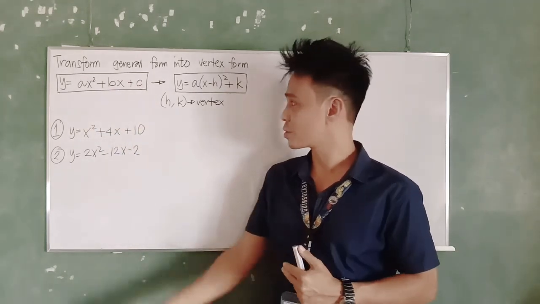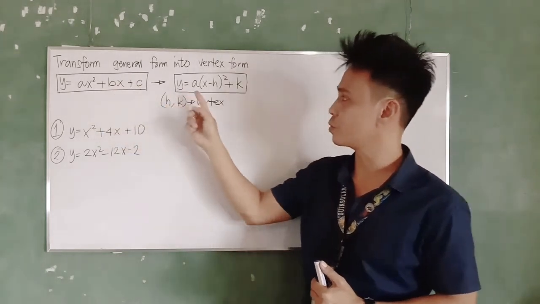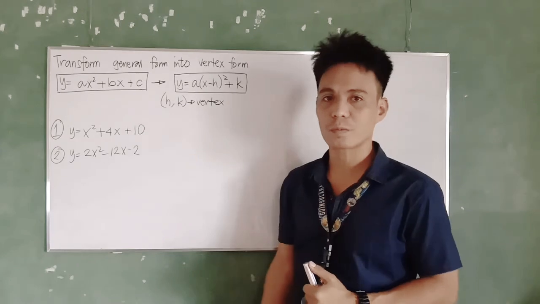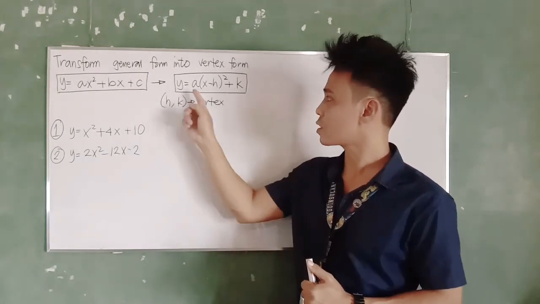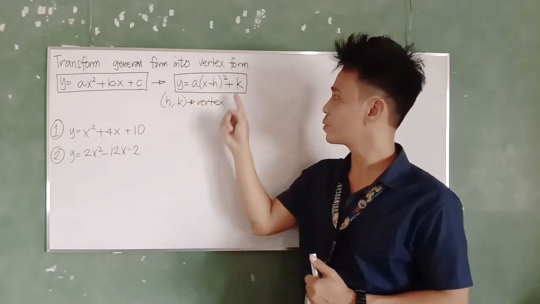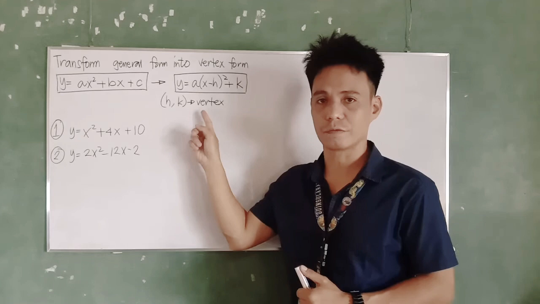Gagawin natin ngayon guys is to transform from general form of a quadratic function into a vertex form. Vertex form of quadratic function is y is equal to a quantity x minus h squared plus k, where your h and k is your vertex.